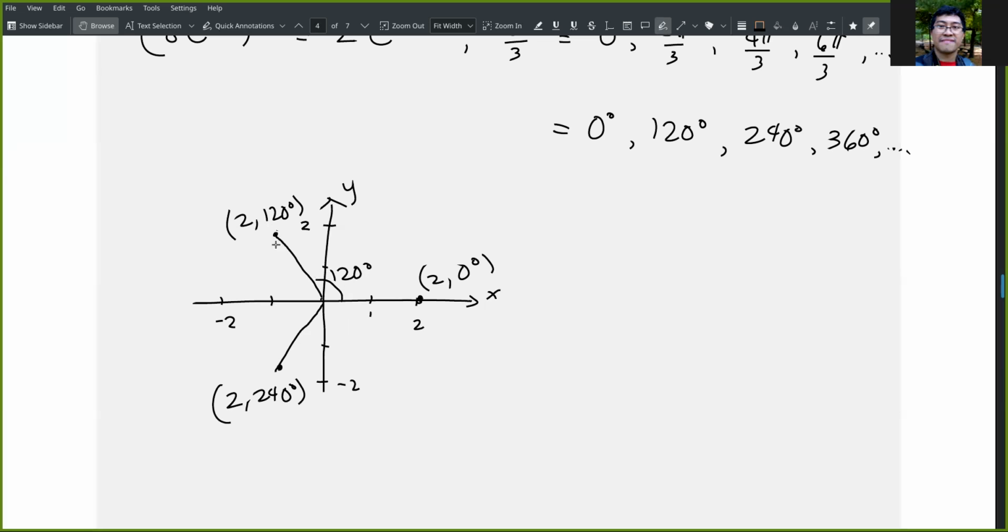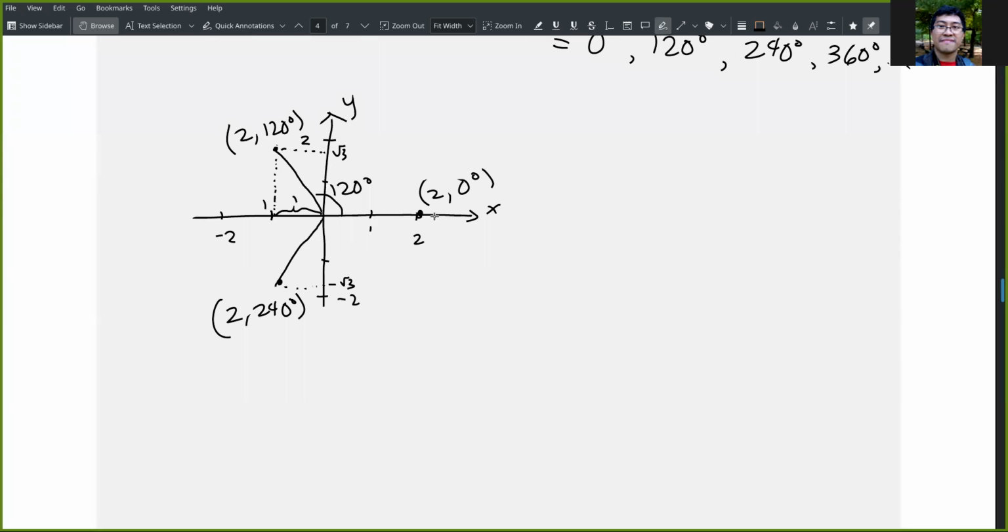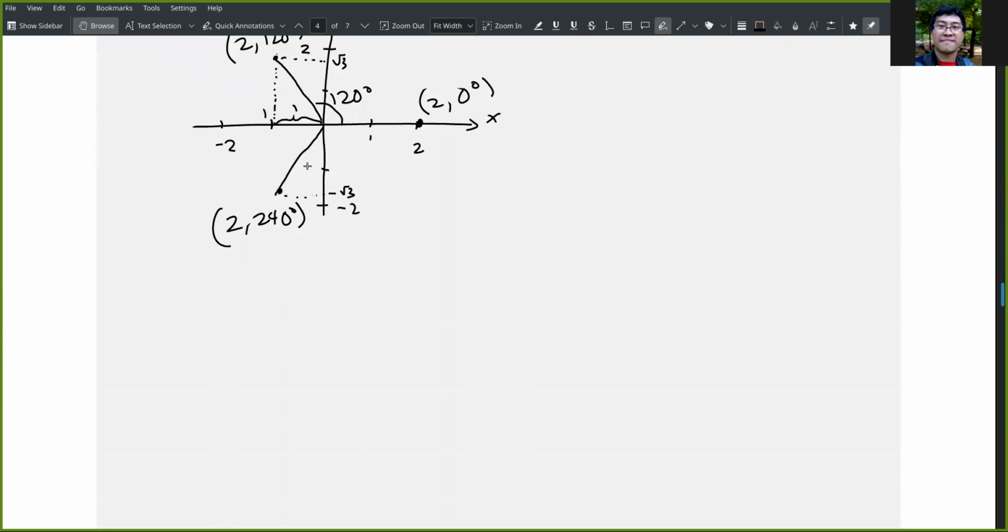So this point is at a height of square root of 3. This one is minus square root of 3. And here this is 1. The length here is 1. So in the complex plane, we saw 3 points corresponding to the cube roots of 8.